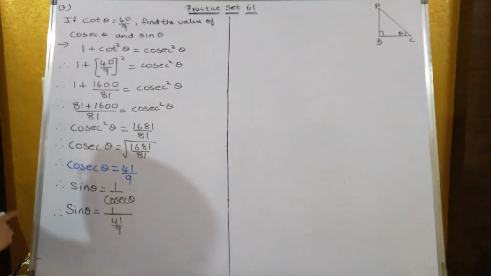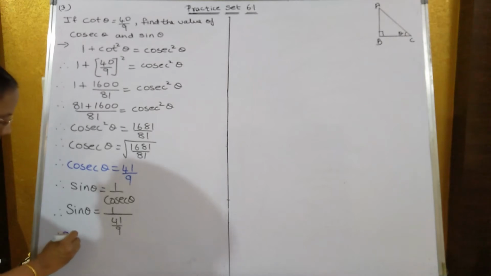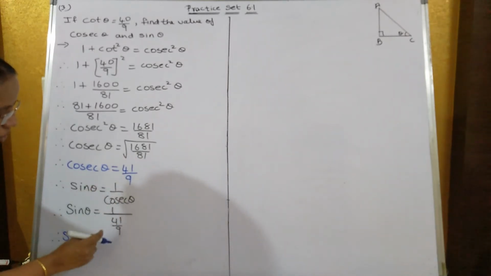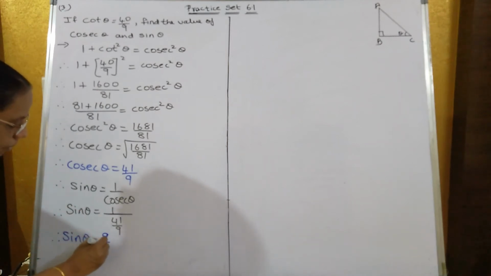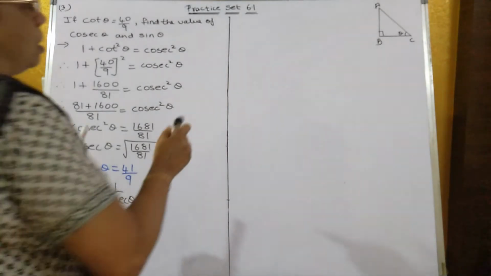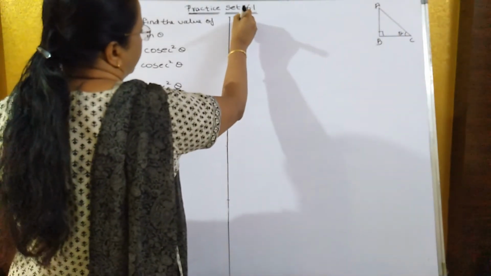So what will you get? Sin theta is equal to, when 41 upon 9 comes on the top and you multiply by 1, you get what? 9 upon 41. So the value of sin theta is 9 upon 41.